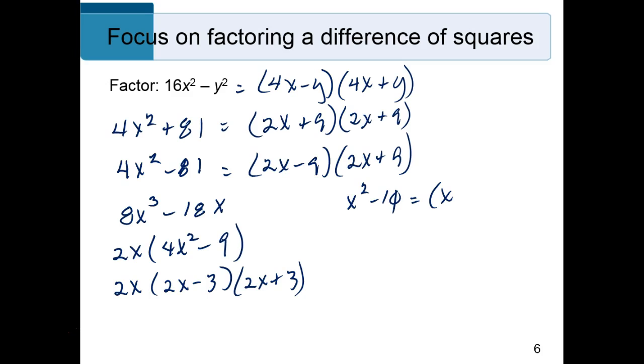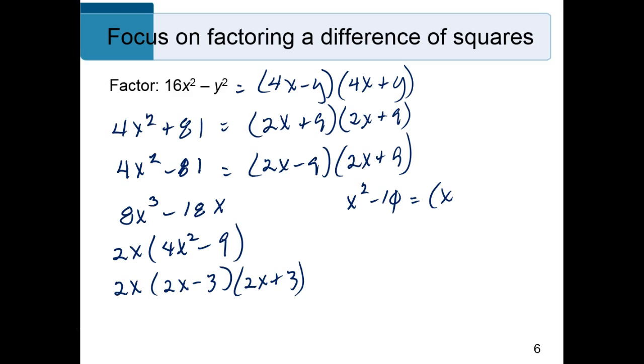Please tell me what you think. Okay. Guess what? Well, 10 is not a perfect square. Remember, with difference of two perfect squares, x squared is a perfect square, but 10 is not. So that's not factorable using integers.